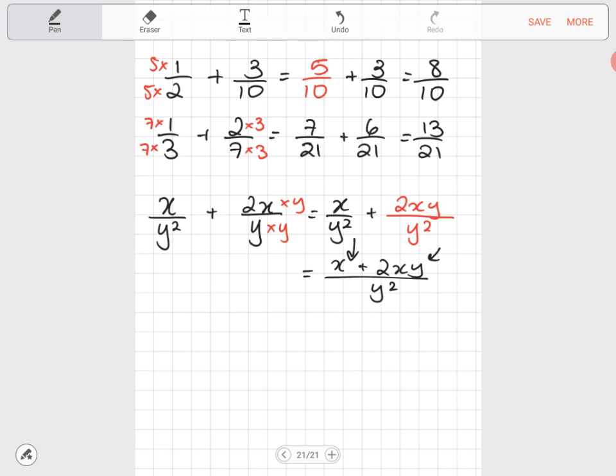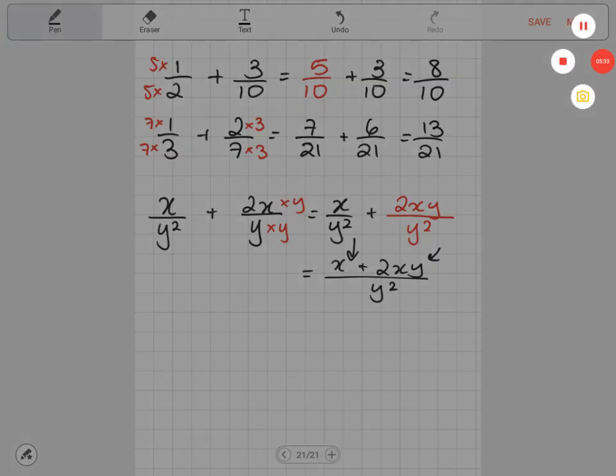Let's have a look at a more complicated problem. So if we were to have 3x over x minus 2, and we're going to take away x over x plus 3. So I'm just going to write this below because I do not have enough room beside it. What we need to do is find the lowest common multiple between them.